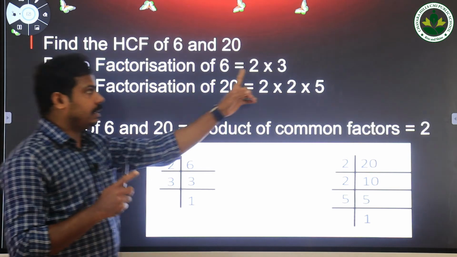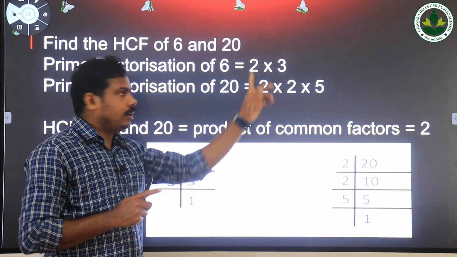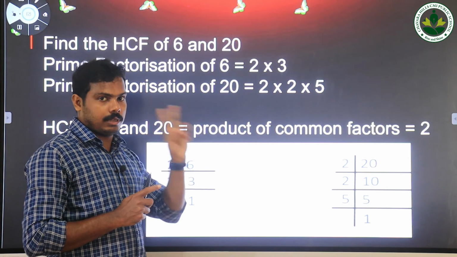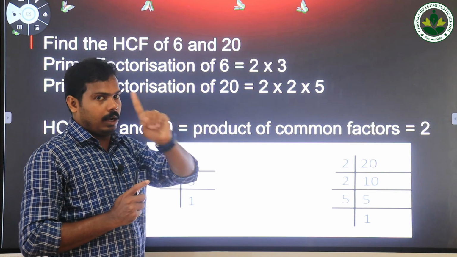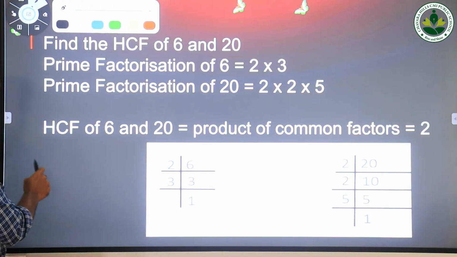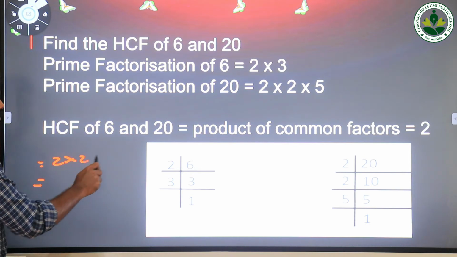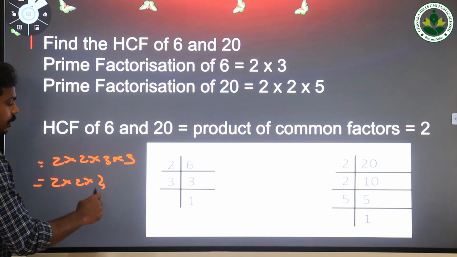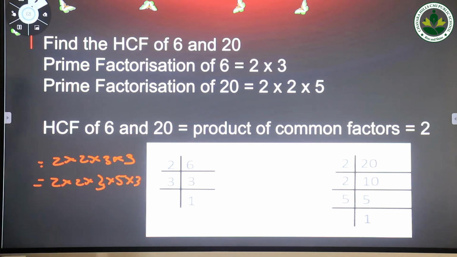Always remember one thing: take them as pairs of numbers. Select one from the first number and one from the second number. Then from that pair we take only one. For example, if the prime factorization of two numbers is 2 into 2 into 3 into 3, and the second one is 2 into 2 into 2 into 3 into 5 into 3, then I will find the product of common factors by taking pairs. Here one 2 is there, we take 2.